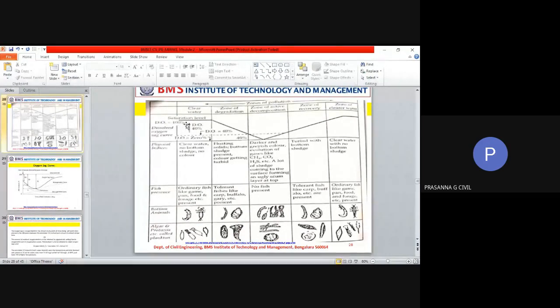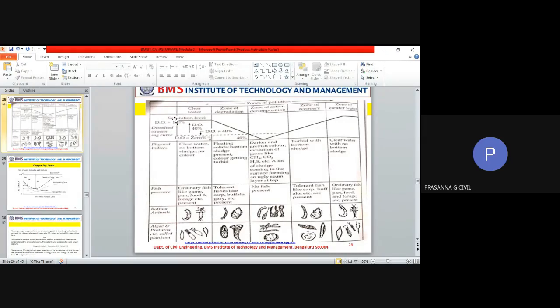Whatever temperature your water has, for that temperature there is a maximum dissolved oxygen that can be present. It is very much dependent on temperature. And you know that if you are heating or boiling water, we are actually giving out the oxygen from the water. You lose the oxygen content in the water. So the higher the temperature, the DO goes down. So in the initial stages, we are assuming that there is 100% DO with respect to that temperature.